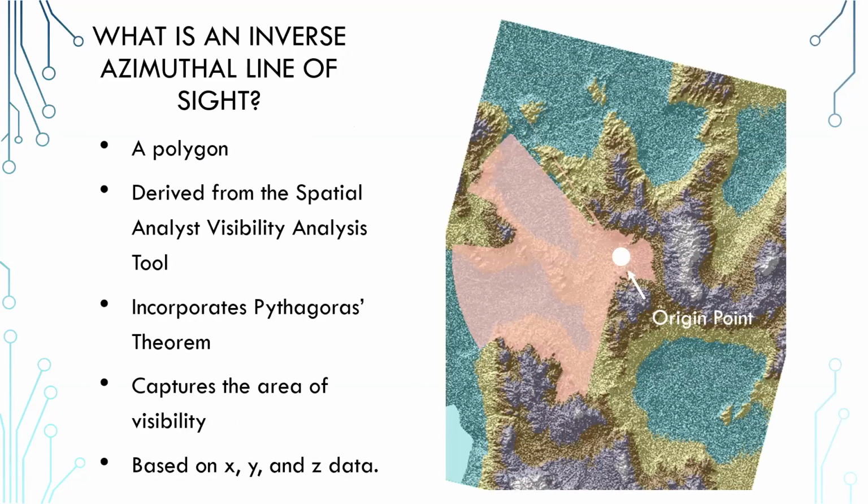So what is an inverse azimuthal line of sight? Well, it's a polygon derived from the Spatial Analyst visibility analysis tool that incorporates Pythagoras' theorem and manual drawing techniques to capture the area of visibility between aerial vehicles and communication points, or origin points, within an area of interest based upon X, Y, and Z data.